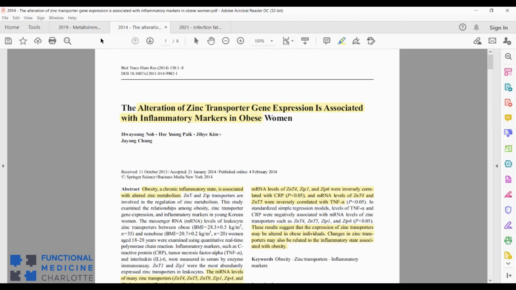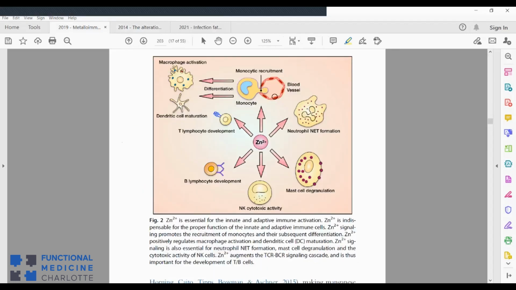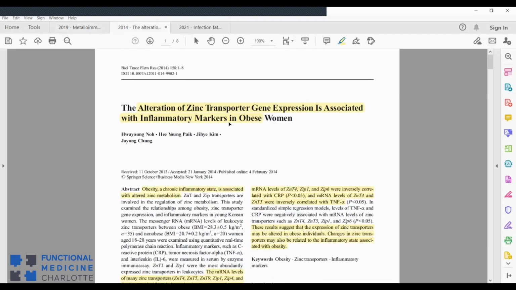So zinc is key in immune response, immune cells killing virally infected cells. But if we can get zinc inside the cell, we could perhaps not even need that immune response, because if we can get the zinc into the nucleus where it can prevent viral replication, then the virus doesn't replicate and spread and put a demand on our immune system.